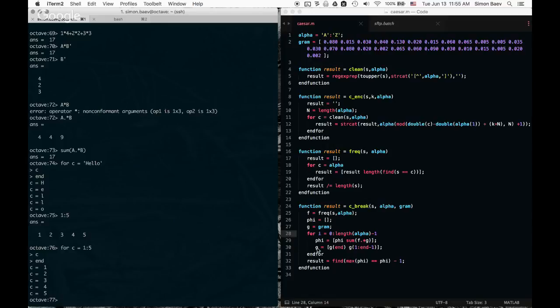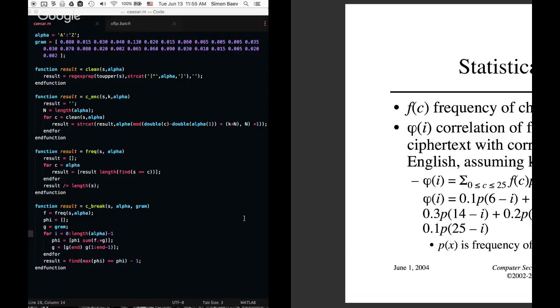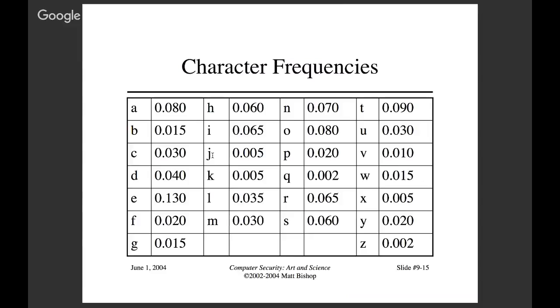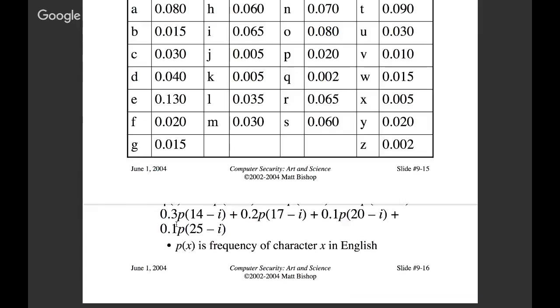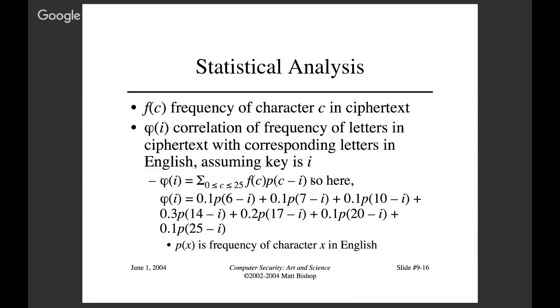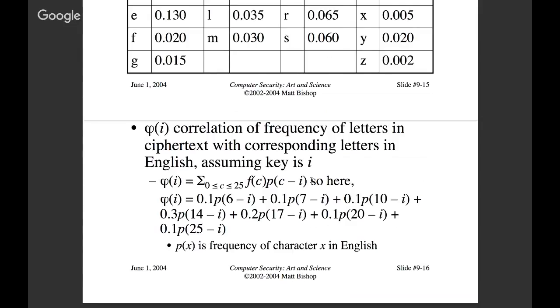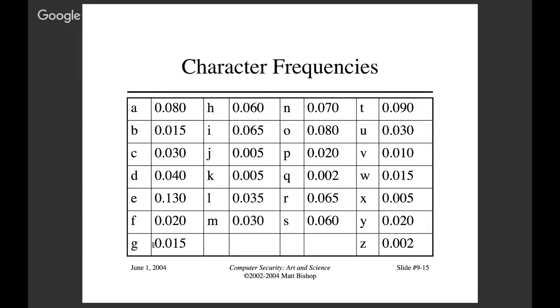And now we want to modify the table. The way how the table is modified is based on rotation. For the I equal to 0, this is that table. For I equal to 1, let me just scroll through. We have P of C minus I, okay? So P of C minus I for I equal to 1, instead of that number will be, okay, let me just sound it correctly.